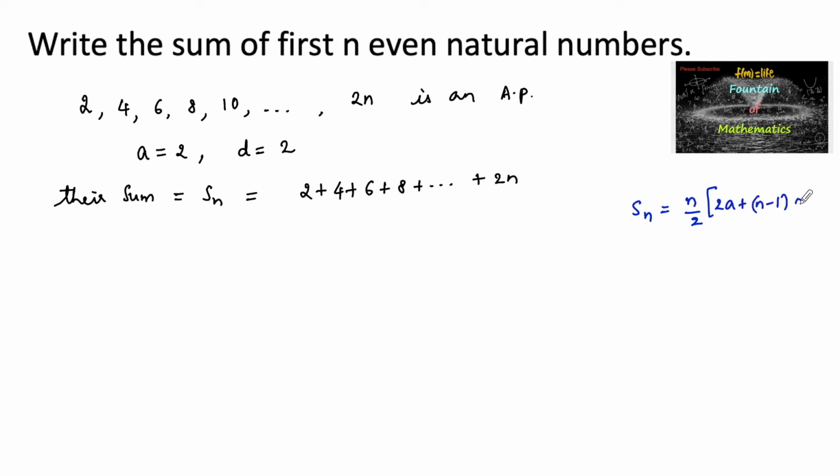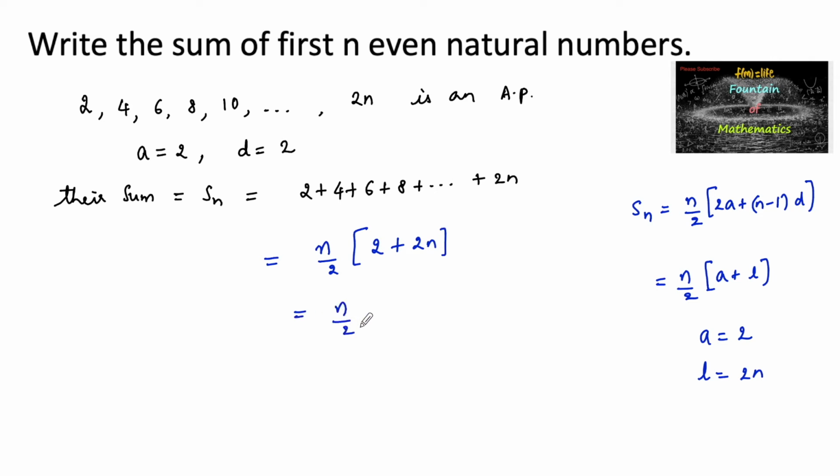Since we know that in an arithmetic progression the sum of first n terms is n upon 2 times (2a plus n minus 1 into d), or we can also write n upon 2 times (a plus l), where l is the last term. So here the first term a is equal to 2 and the last term is 2n. So let us substitute: n upon 2 times (2 plus 2n), or we can take 2 common, (1 plus n), and here we can cancel 2 and 2 and we can write n into (n plus 1).